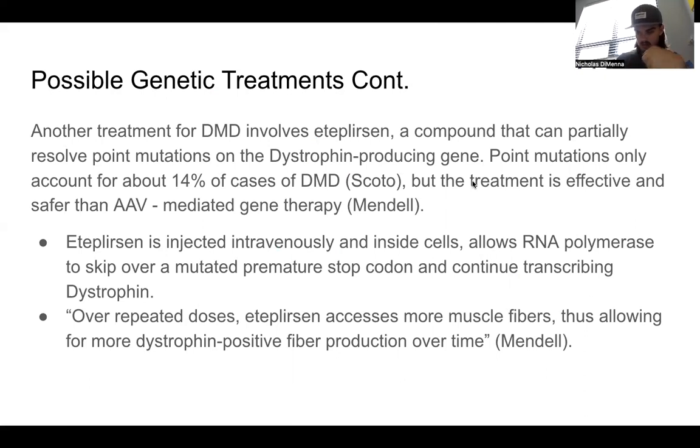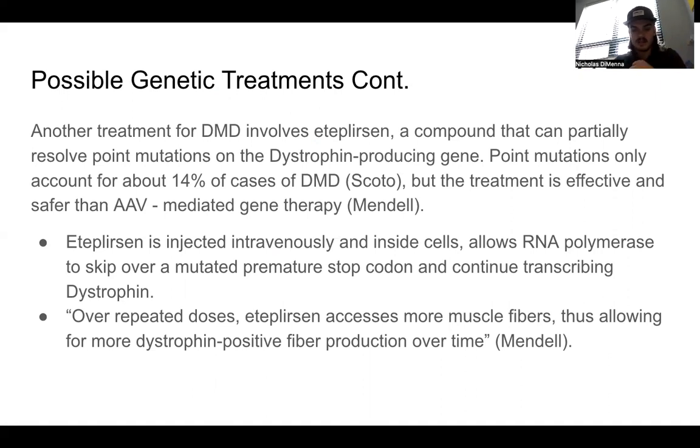We're still waiting on test results from Tim, but in the case that it is a point mutation, this allows the protein that transcribes the DNA to skip over the affected codon in the DNA sequence, essentially where the DNA would tell the protein to stop making dystrophin. We can kind of run that stop sign using eteplirsen.